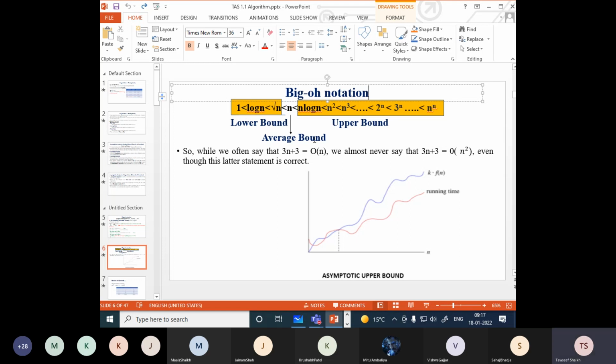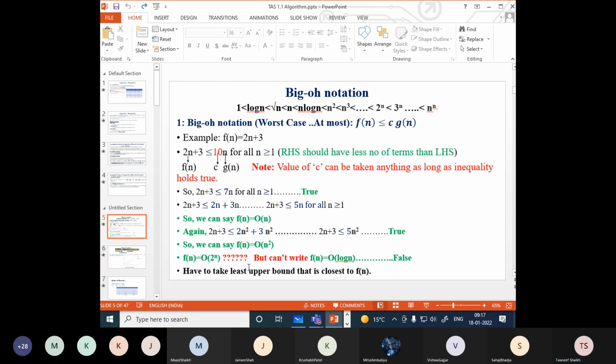So we can take any of the big O's which are in the upper bound of this function. Since it is linear in the present case, we can take its big O as big O of n square, big O of 2 power n, big O of n power n, anything. But we can't take big O of log n, because this is on the lower side.